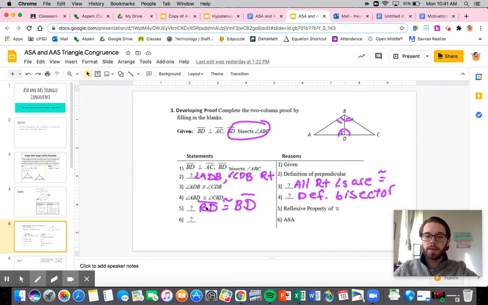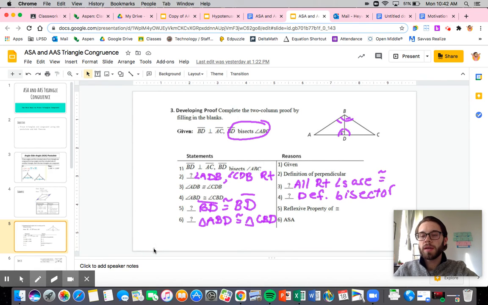Angle, side, angle. So we can say the triangles are congruent, and our goal is to prove the triangles are congruent, right? So triangle ABD, and do remember that order matters, triangle CBD are congruent. And that's all there is to it, all right?